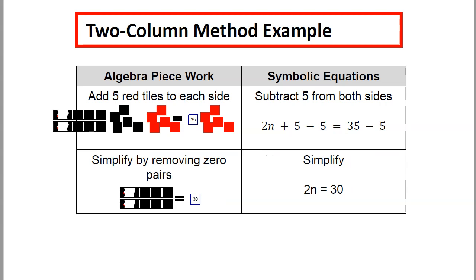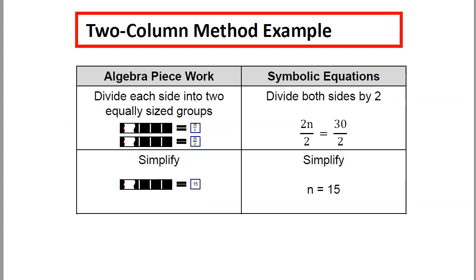As a next step, we need to get rid of those 5 black tiles, so we add 5 red tiles to each side. That 35 marker is 35 black tiles, so 35 black tiles plus 5 red tiles simplifies to 30 black tiles. On the right, we subtract 5 from each side and simplify to 2n equals 30.